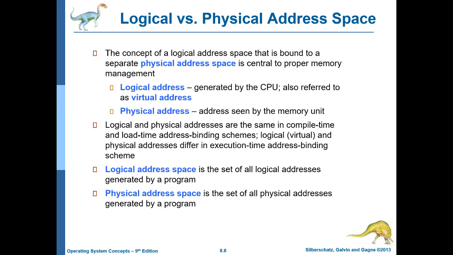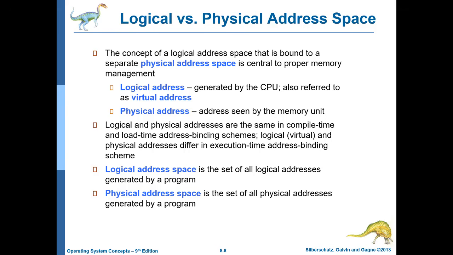Because a logical address space means that when you load a process into RAM, the process only knows its own addresses, so for it the starting address is always 0 and the ending address is the limit of that process. That is the logical address space.